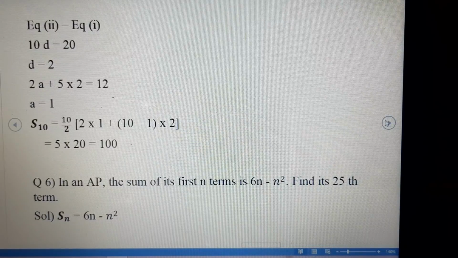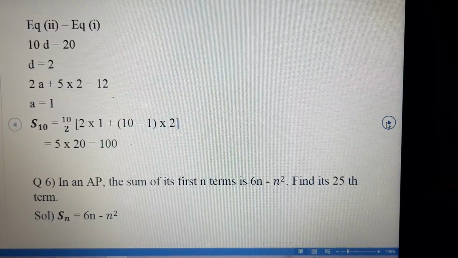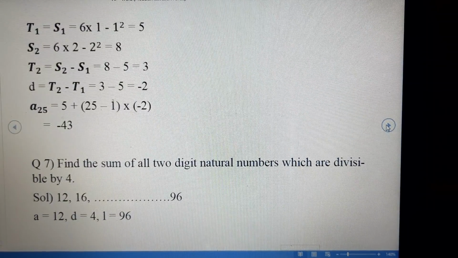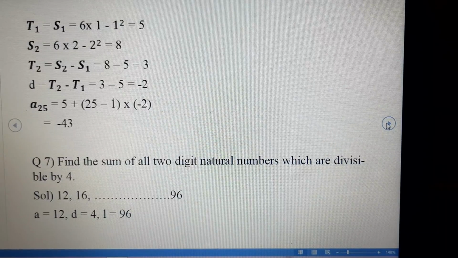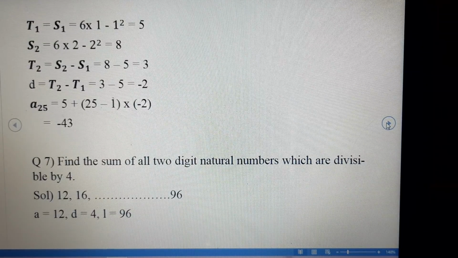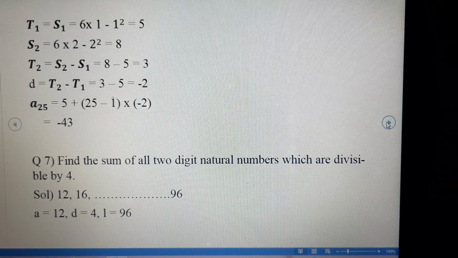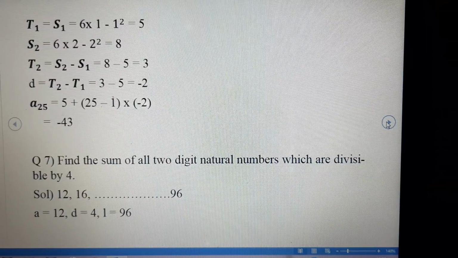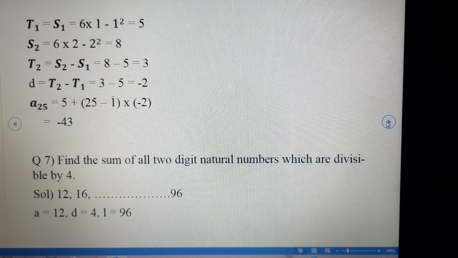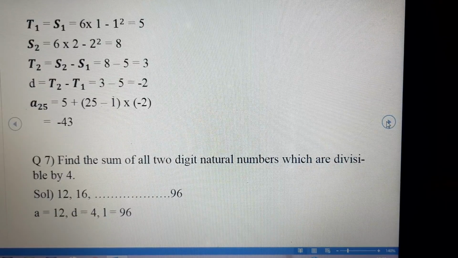They have not given the first term. We do not know the common difference. We do not know anything. Fine. So here you have to apply the logic. If a series has only one term, then the sum and the first term will be the same.